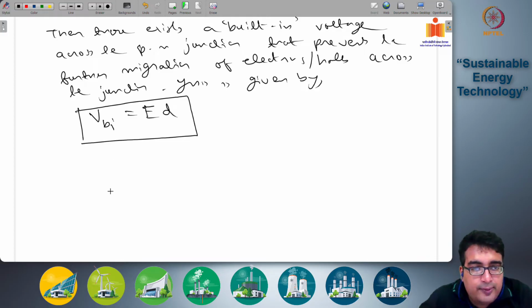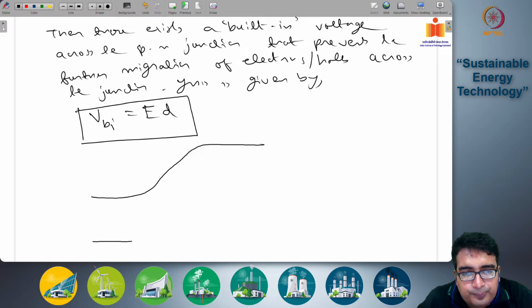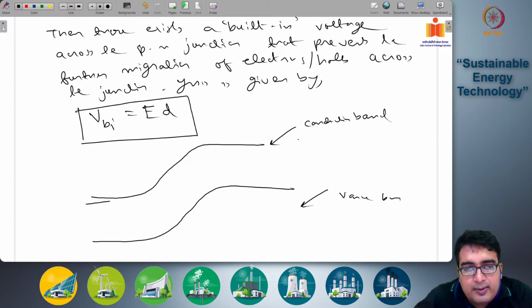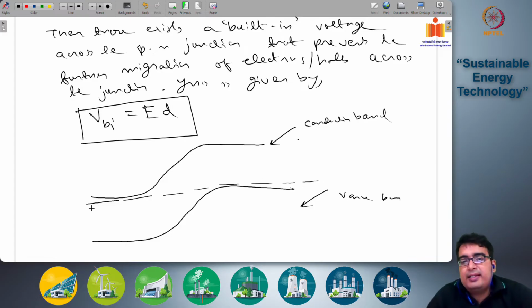So as we noted, by the equality of the Fermi level across the depletion zone for both zones, so this is the conduction band and this is the valence band and this is the Fermi level. Sorry, it looks kind of a wiggly line. This is basically a straight line here. Okay. Actually, let's redraw this for clarity.